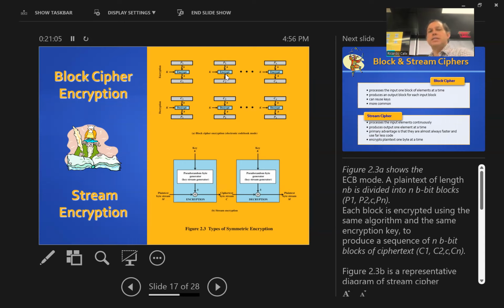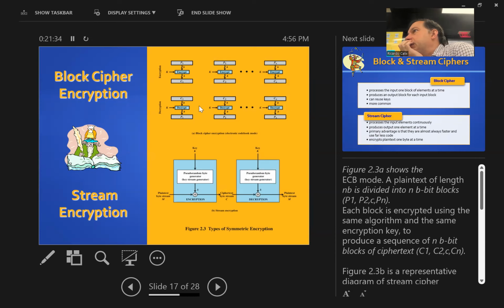Think about it. The key is the same, and the encryption algorithm is the same. What if, for instance, P1 and P2 are both the word hello, and you're XORing hello with the same key? What would you say about C1 and C2 in that scenario?